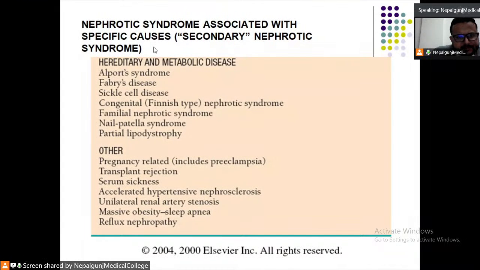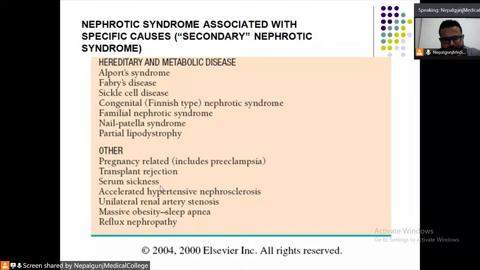So what are the specific causes of secondary nephrotic syndrome? It can be hereditary and metabolic disease like Alport syndrome, Fabry disease, sickle cell disease, congenital nephrotic syndrome, familial nail-patella syndrome, and partial lipodystrophy. Others are pregnancy related.